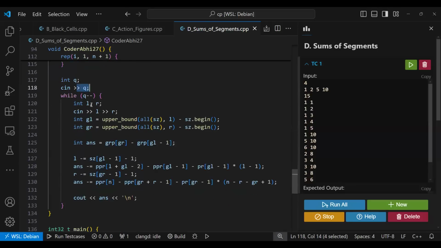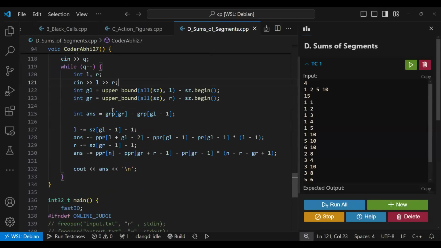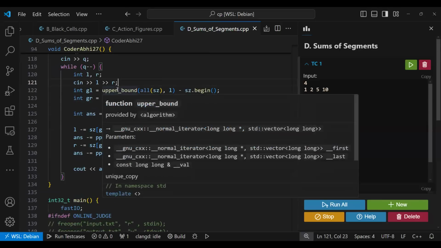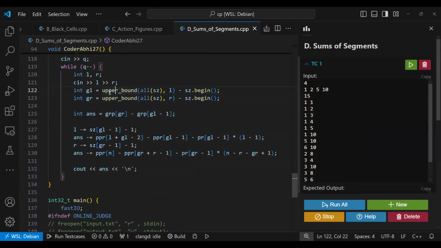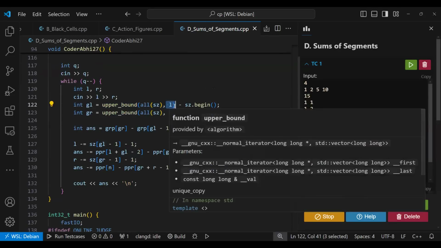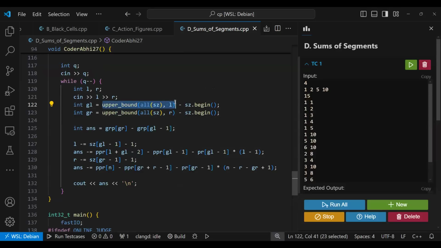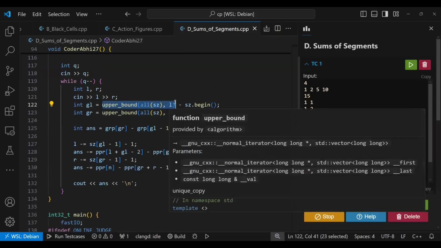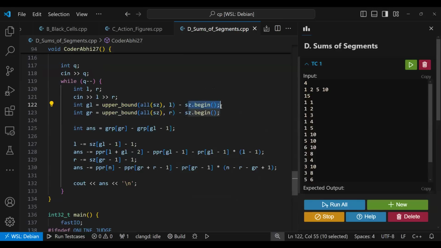Then I would answer the queries. For every query, I have L and R. Now, to compute the group number to which L belongs, I would take the upper bound in my size array. Upper bound of L is going to give me the index of the value just greater than L, strictly greater than L. So it would point to the group just next to the group L belongs to, minus size dot begin.